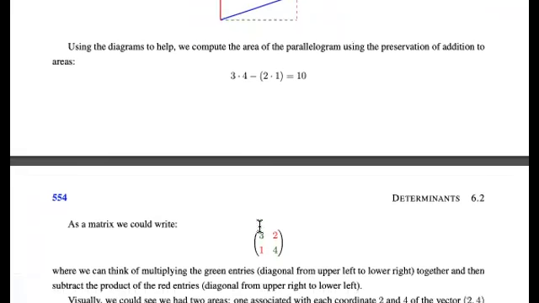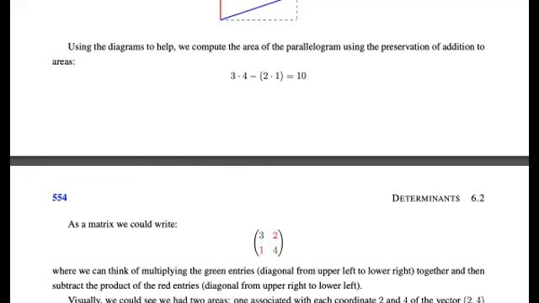Now, if we had listed off the base vector first, and then the vector that comes off of the base, 2, 4, notice what we've done. We've taken this 3 multiplied by 4, and then we subtracted off this 2 times 1. So kind of in a pattern like this. We've taken 3 times 4 and subtracted off 2 times 1.